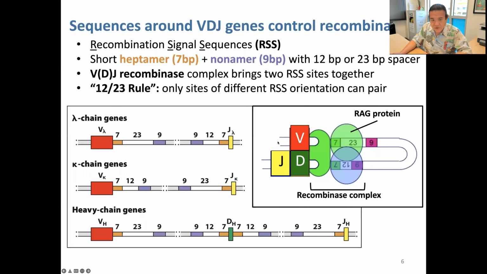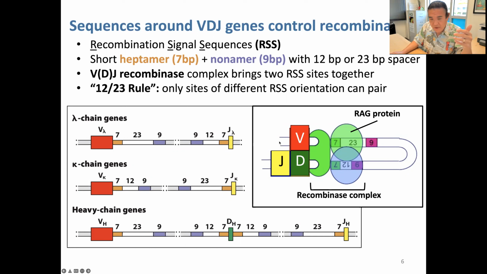So if we were to imagine, for example, let's look at this heavy chain one at the bottom here. If you went from left to right along this chromosome, this is a spot on chromosome 14, you'd go through the red region blocks that have RSS sequences next to them. You have the green D region blocks that have different RSS sequences around them. And then you'd have the yellow J blocks that have RSS sequences associated with them.